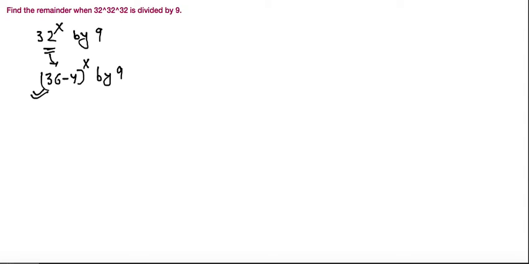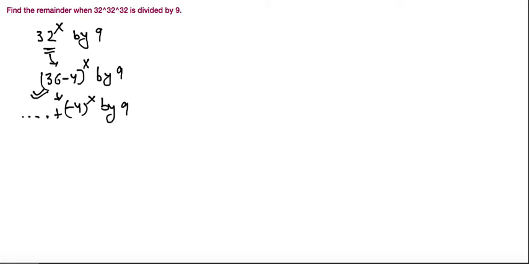And we know that 36 is a multiple of 9, which means all the remaining terms except minus 4 to the power x will clearly be divisible by 9 because they are multiples of 36. And if they are divisible by 9, they will always give remainder 0 with 9. So this problem basically boils down to finding the remainder when minus 4 to the power x is divided by 9.